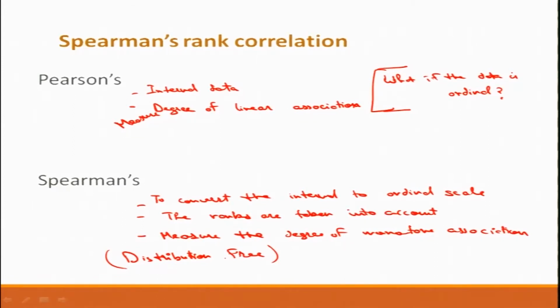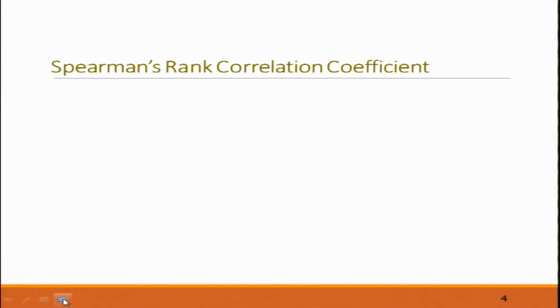So, how do we calculate? The Spearman's rank correlation coefficient is denoted by RS.